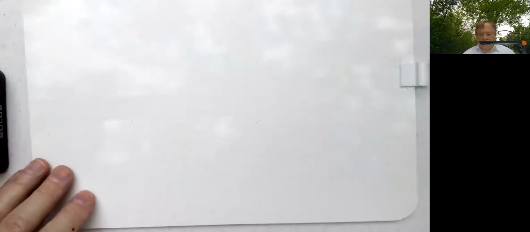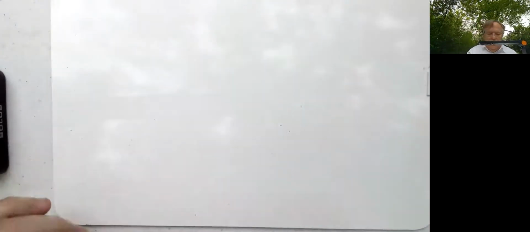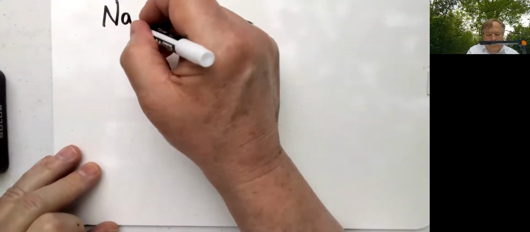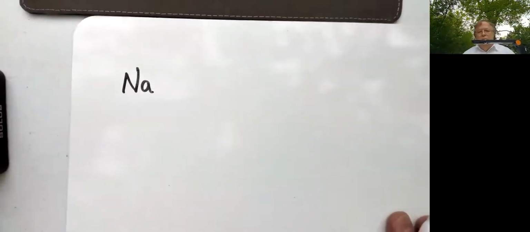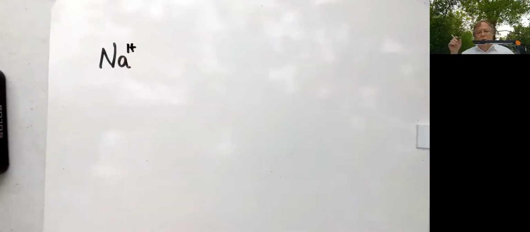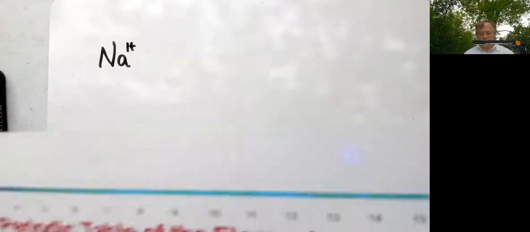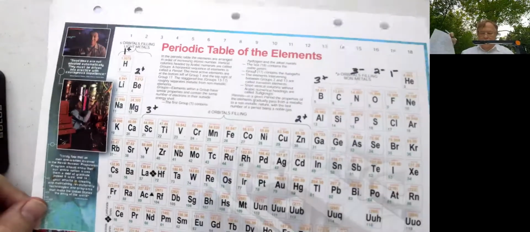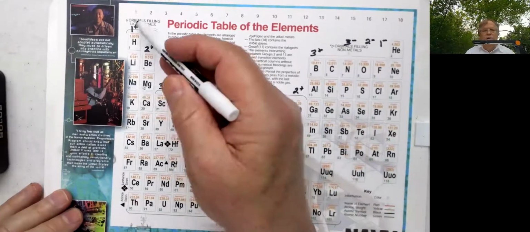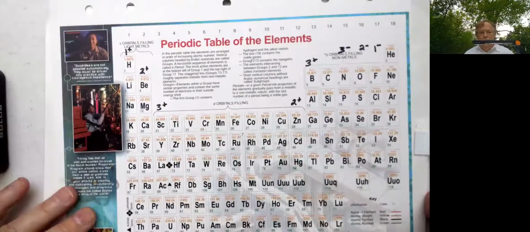So looking at some of those polyatomic ions and compounds, we'll go back to sodium here. Real common atom and real common ion. We know that it gets a positive 1 charge. The other day, you remember, here it is, it's in the positive 1 column.